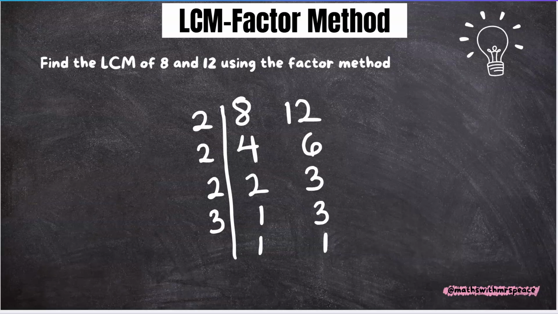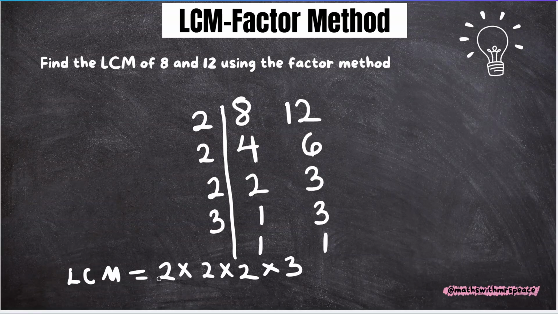So to find the LCM, what you have to do is multiply these factors that you used to perform the division. So I will say LCM is equal to 2 times 2 times 2 times 3.